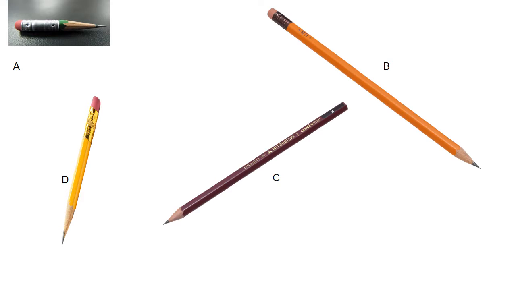Now let's compare these pictures. Here we have four pencils. They are pencil A, pencil B, pencil C, and D. Okay, now let's compare. We start with pencil A and pencil D. We can say that pencil A is shorter than pencil D. And let's continue to compare pencil C and D. We can say that pencil C is longer than pencil D. Okay, take a look at the whole.